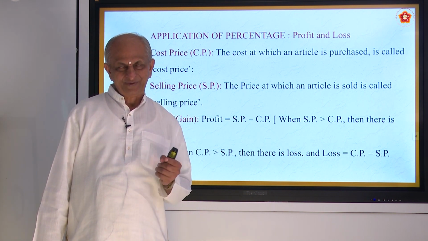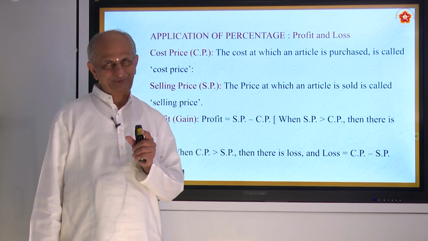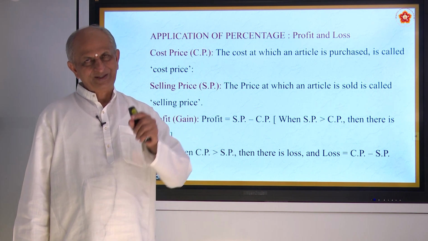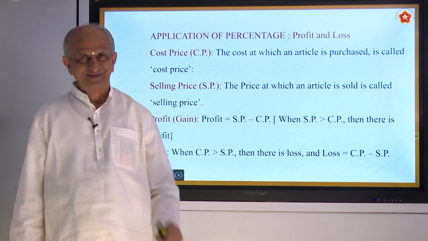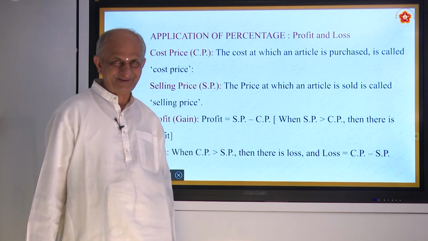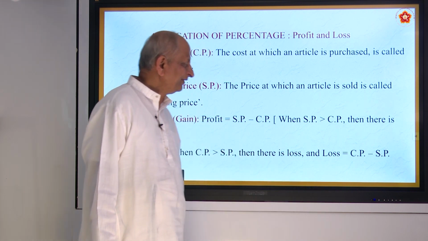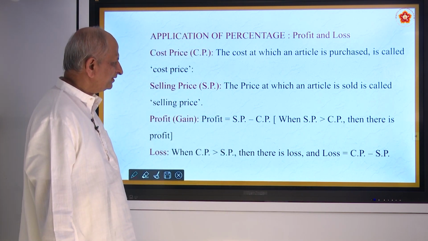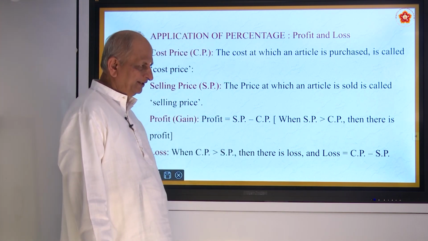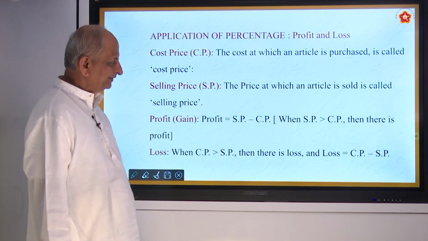In the first instance there will be a big size, 5 rupees we say. And when it becomes old, it becomes so small. You cannot sell it for 5 rupees, you reduce it. Then you will get a loss. So anyway, we will work out some problems on this. It's a very interesting thing as far as percentage is concerned.